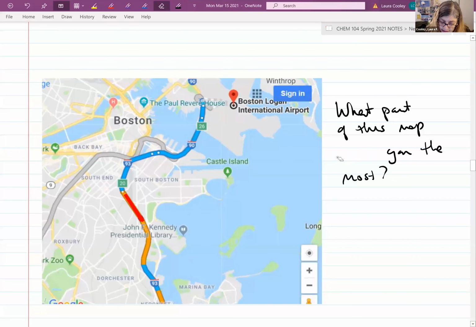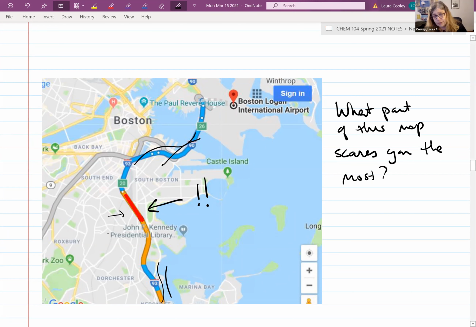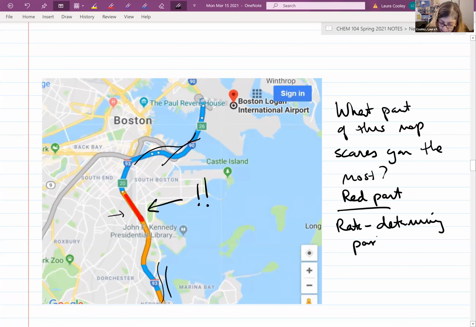You have to catch a plane on time. Yeah, the red part, of course. You could be going all nice here and nice here, but if that's really bright red, you could sit there for 3 hours, if it's an overturned semi truck or something. So what scares you the most is the red part. That's the rate determining part of this map.